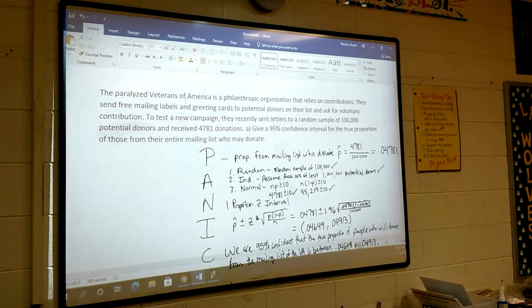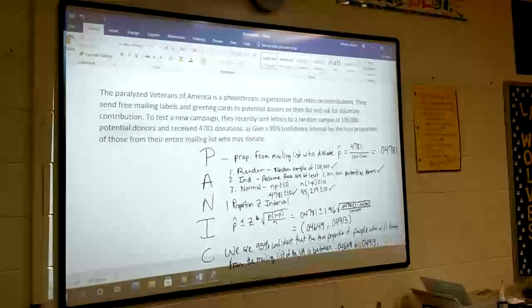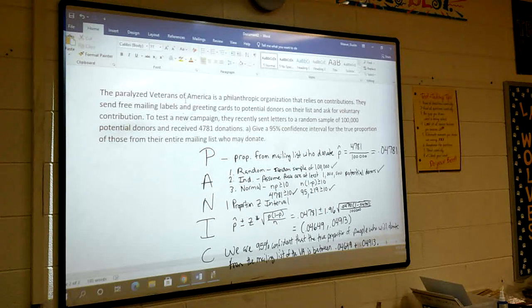So a similar thing could be, let's say I'm a club at Lincoln or wherever, and I want to know how many businesses may donate to me if I just send out a letter. So I send out a letter to 50 local businesses, and I see how many donations I get. That could then tell me the true proportion of donations I'm expected to get.